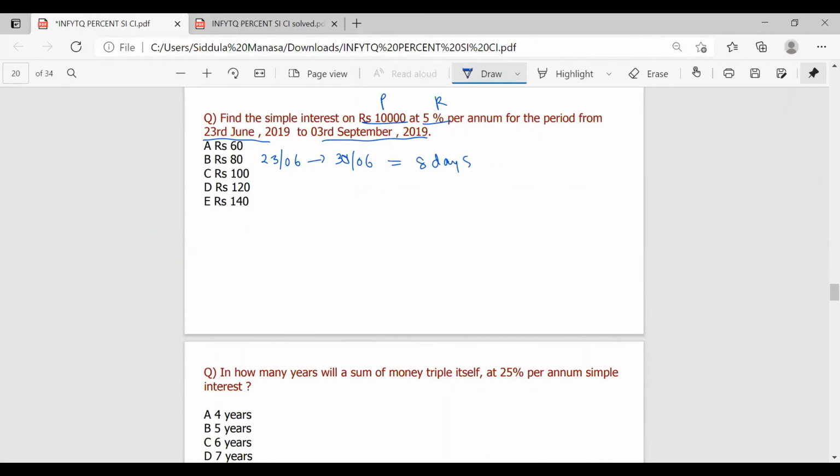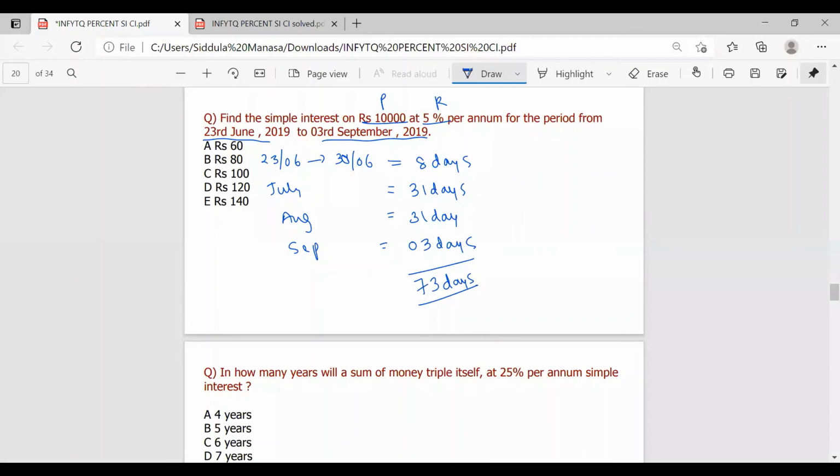Next is July, which has 31 days. August also has 31 days. In September, he specifically mentioned up to 3rd, so that means 3 days. Adding 31 plus 31 is 62, plus 8 is 70, plus 3 is 73. So total days are 73.